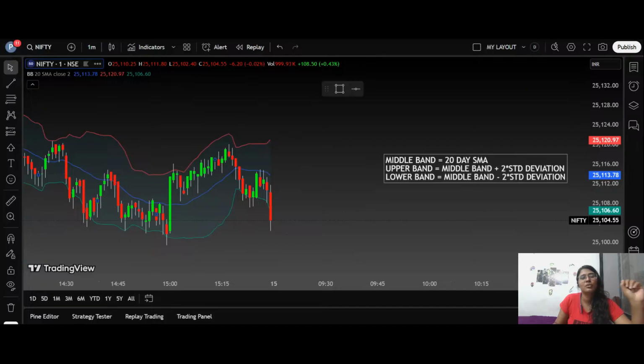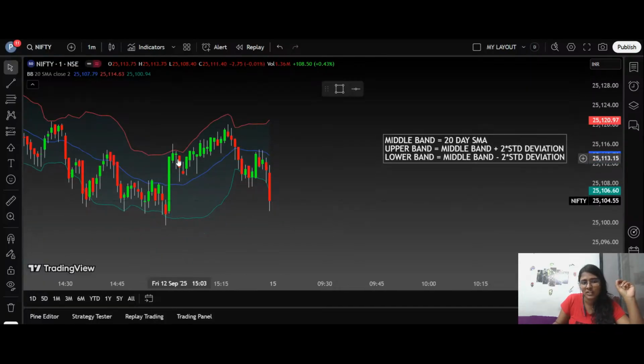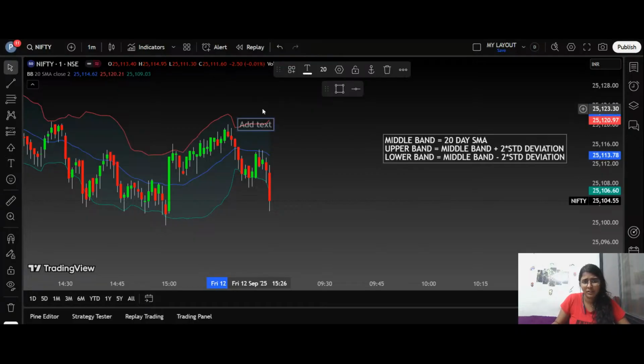So now we are going to see what are the meaning if this candle touches this red band or upper band. If the candle touches this upper band, which means your stock or your market, whatever it is you are trading or investing, it's your call, is nothing but overbought.